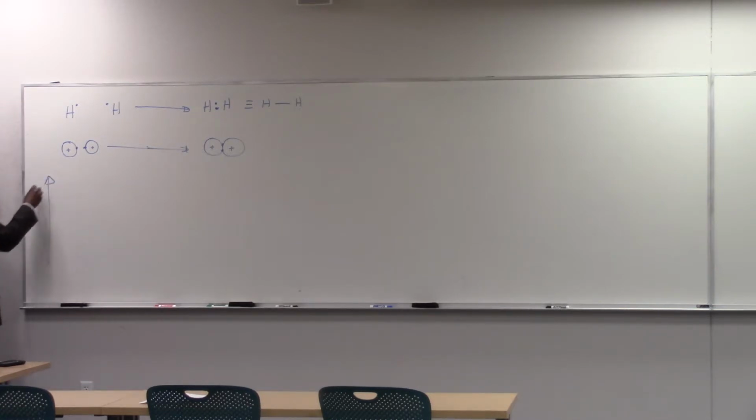So this is energy. I've got the 1s orbital. And there are, of course, no electrons in any of the 2s or 2p's. So hydrogen has a lone 1s electron.